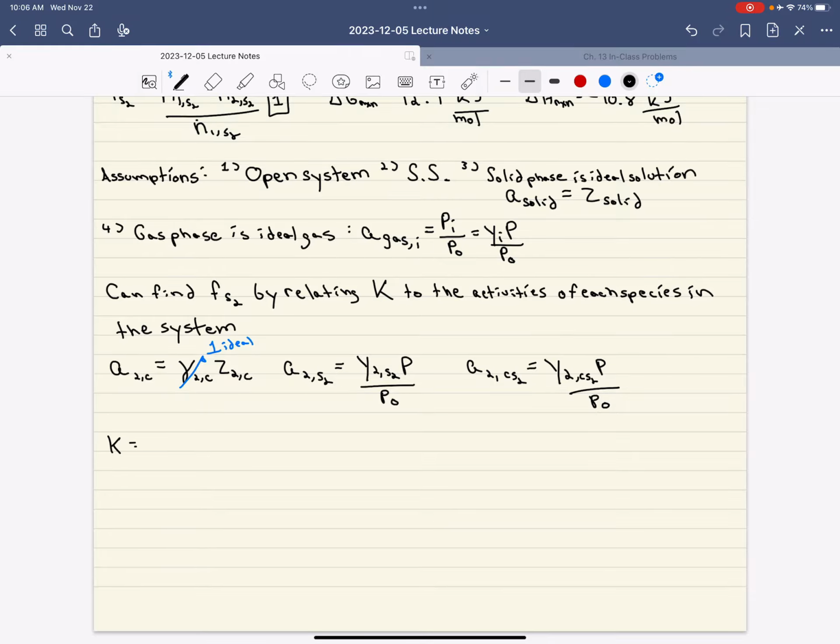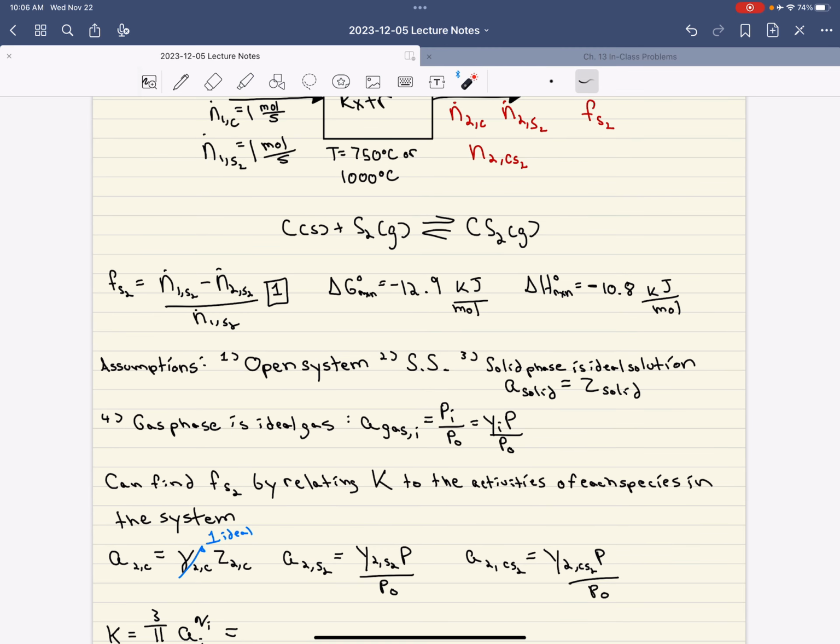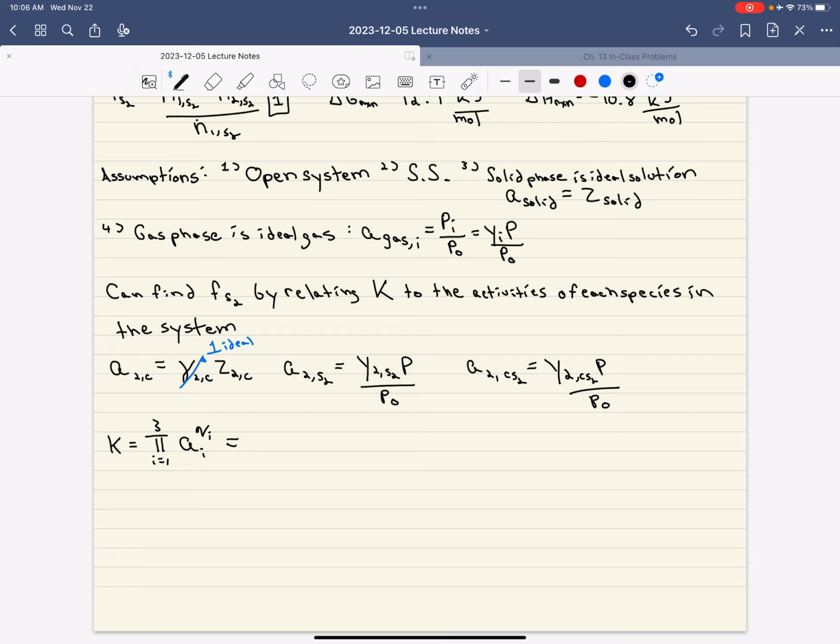And what we know is that the equilibrium constant is just going to be a product of the activities raised to their stoichiometric coefficient. Okay? And so here, for CS2, the stoichiometric coefficient would be a positive 1, while for the reactant side, for carbon, it would be -1, and for sulfur, it would also be -1. And so as a result, we find that our equilibrium constant would take on this form.